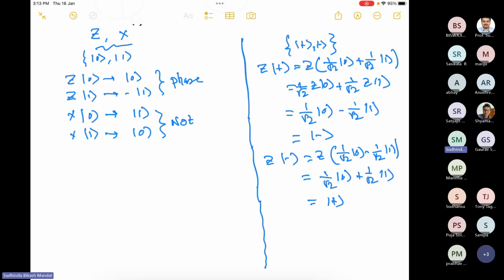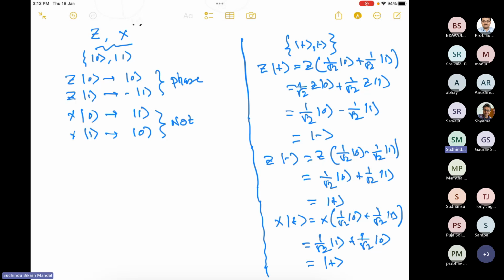Okay, but if I apply X over this computational basis plus, I'm jumping the step, so it will be 1 by root 2 (|0> + |1>). If I apply X over 0, it will be the 1. If I apply X over 1, it will be the 0. So what is that state? This state remains the same, plus.